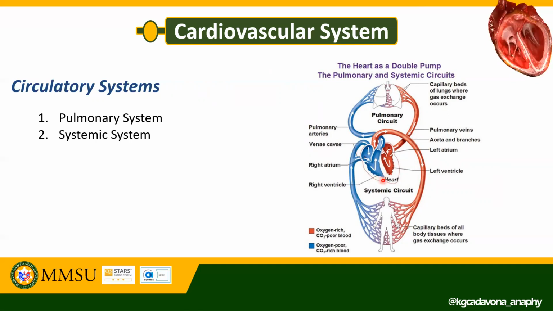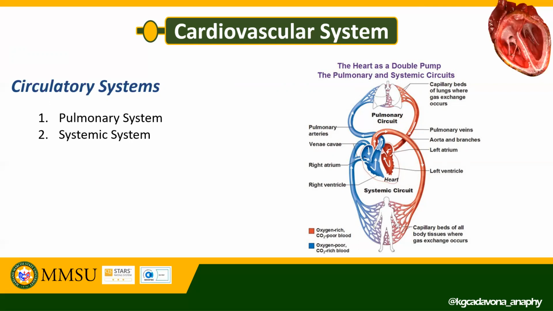Now the right ventricle, as I have said a while back, pag ventricles, it pumps out blood. So the right ventricle pumps the blood into the pulmonary artery, no, and into the pulmonary capillaries. Now yung oxygenated blood, it will be returned to the left atrium via the pulmonary veins.